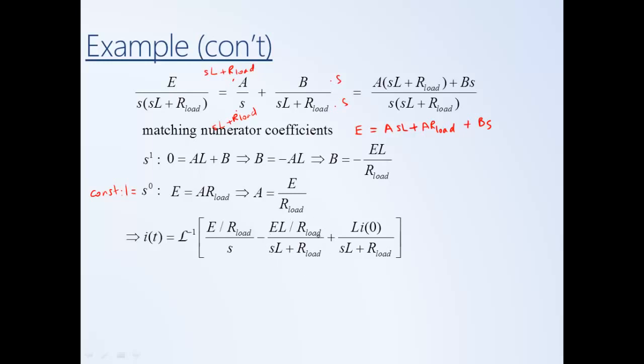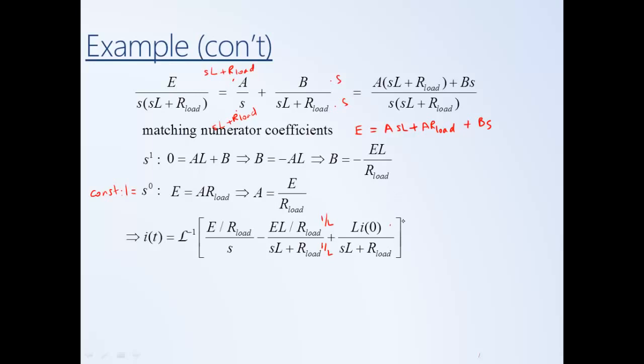The second term looks similar to an expression of 1 over S plus A, except we need to get rid of this L. So in essence what we need to do is divide through by L in the denominator and the numerator, and by doing that we'll get a denominator of S plus a constant. Same thing with this term.